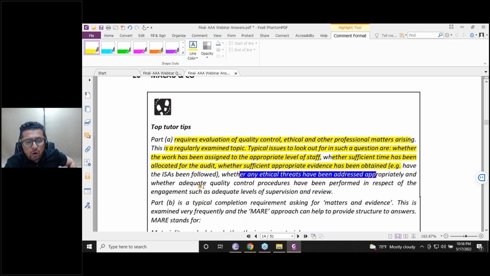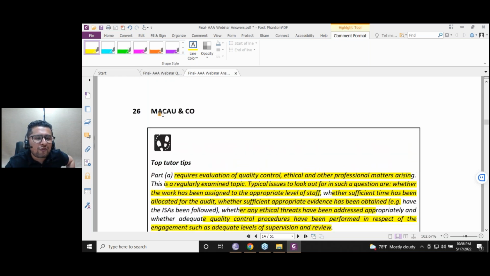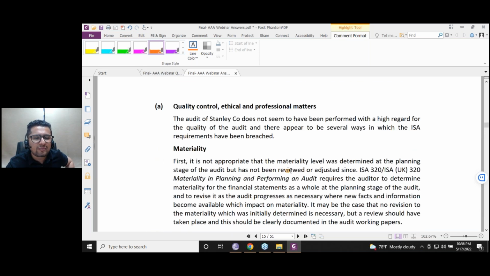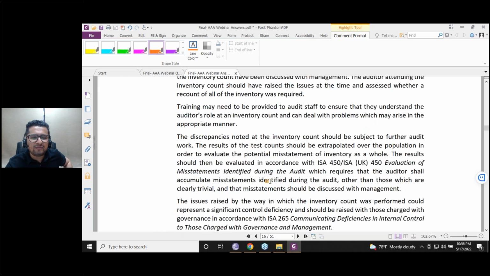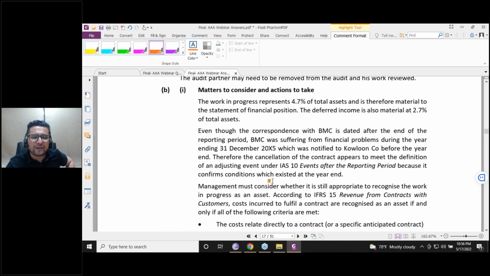And whether adequate quality control procedures have been performed in respect of engagement, such as adequate level of supervision and review. No, not really, because the audit manager seems to be very busy and the juniors seem to be reviewing each other's work. So please realize, these are the top tutor tips from the question called Macau, but they are equally applicable to a question called Retriever. So that's the importance of reading such things.